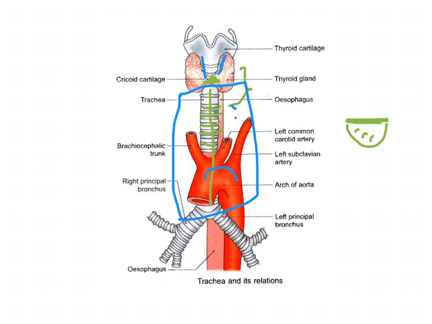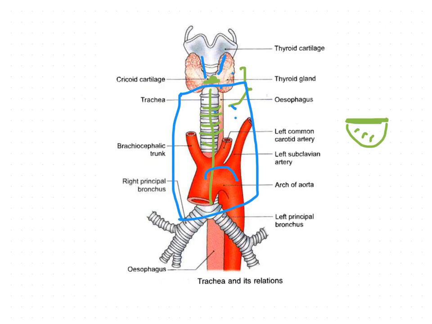That deep cardiac plexus I have already mentioned previously. Behind the arch of aorta you can see the deep cardiac plexus and some lymph nodes. So these are the structures related on the anterior aspect of the trachea.